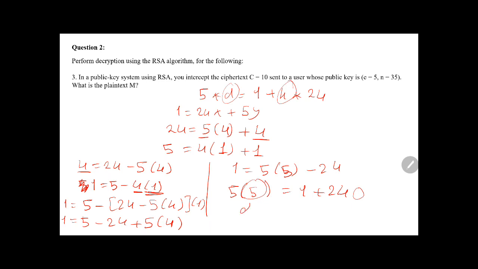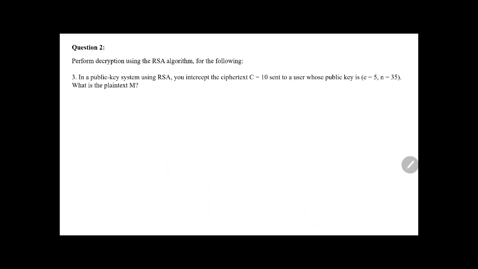So we have our d as 5 and our k as 1. This is it. So we have d equal 5, k equal 1, and we have our n here, so we can easily get the message.